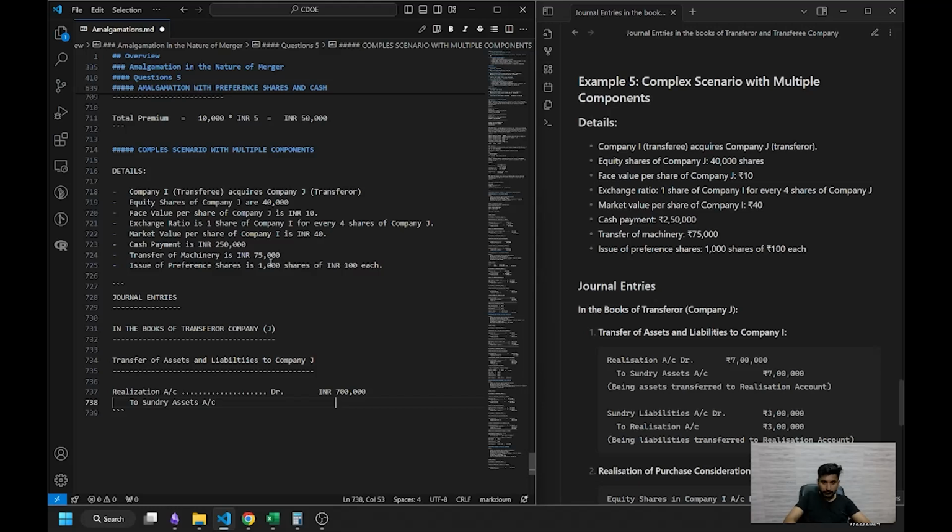The sundry assets INR rupees 7 lakhs. Sundry liabilities account debit to realization account. The amount of liability is rupees 3 lakhs.